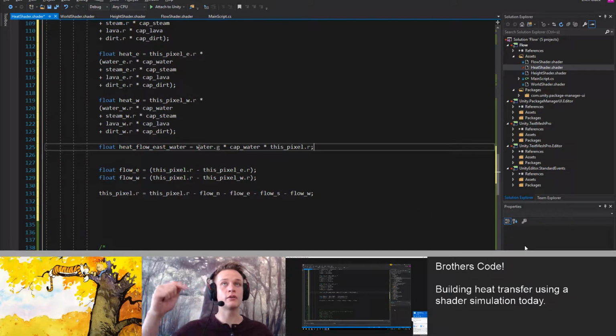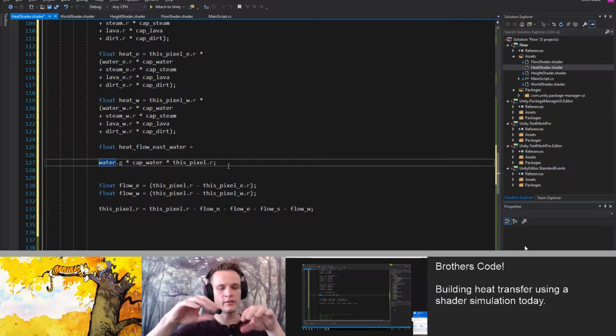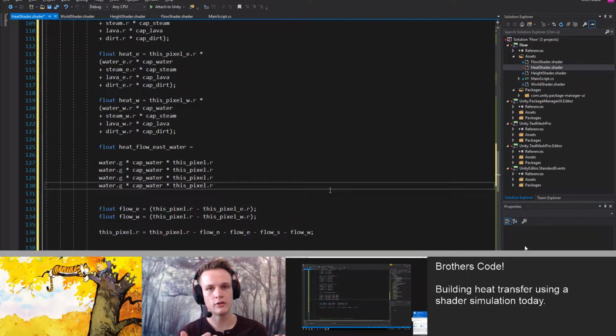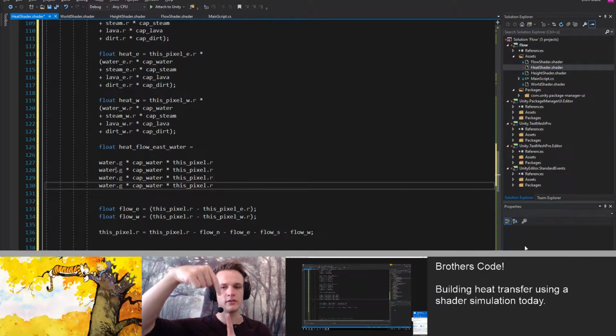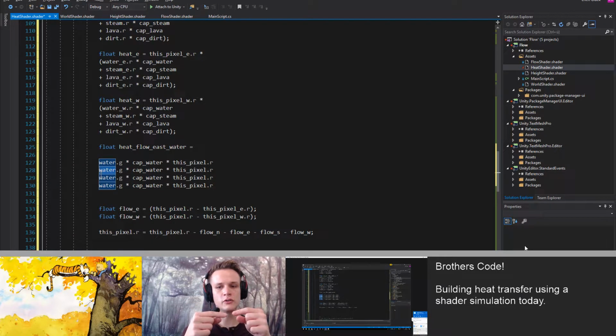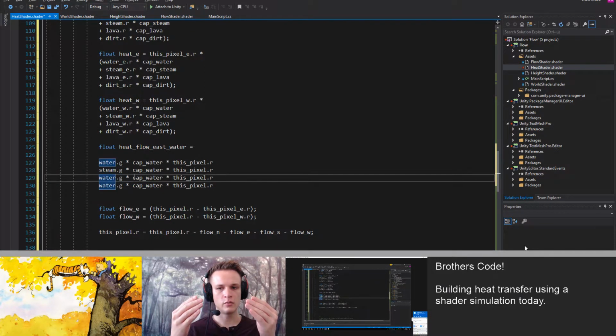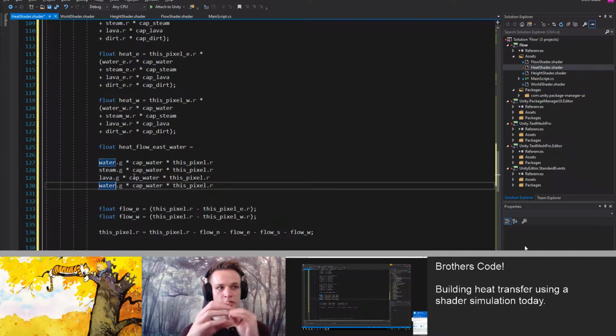Because you're going to have heat flow into the cell, and out. You're only going to update your own temperature, right? So you're going to have heat flow in from four places, or in this case, I guess two places, and then you're going to take the resulting amount of heat and the amount of material that you have, and use that to compute a temperature.